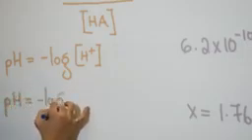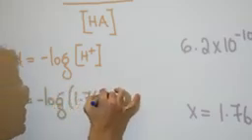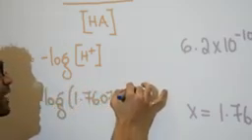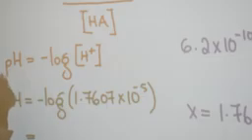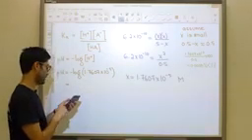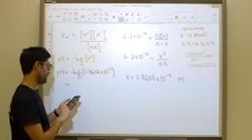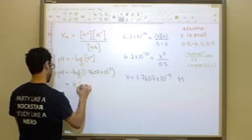So negative log of 1.7607 times 10 to the negative 5. So let's do that. Negative log of 1.7607 times 10 to the negative 5 gives us a pH of 4.7543.